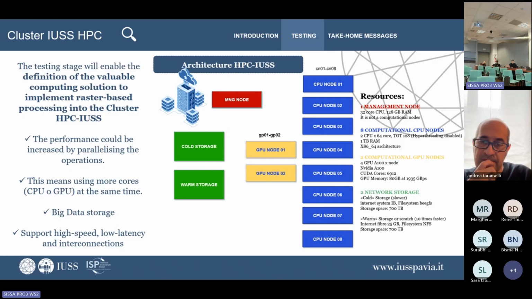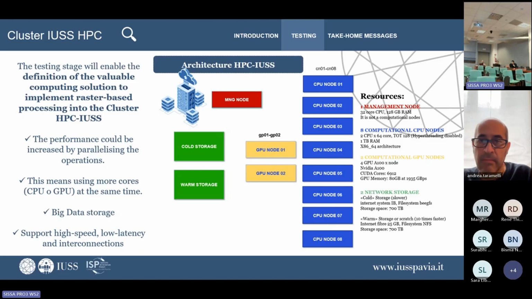And we haven't considered for the moment the parallelism between the operations, but this can be a step forward for the development of a high performance machine in terms of high speed, low latency, and interconnection.